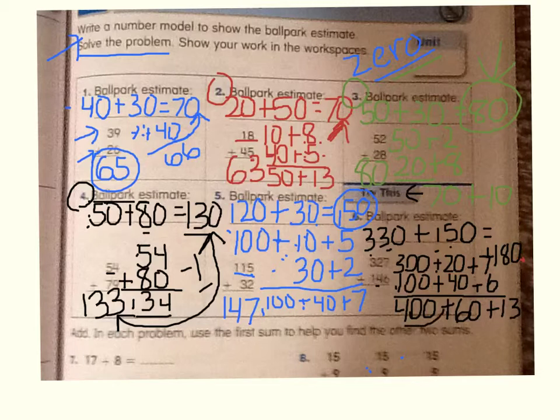I'm going to ignore the 400 for just a minute and look at 60 plus 13, and that equals 73, and then add my 400 to it. 473. Is that a reasonable answer to our ballpark estimate? You bet. I'm going to pause recording right now.